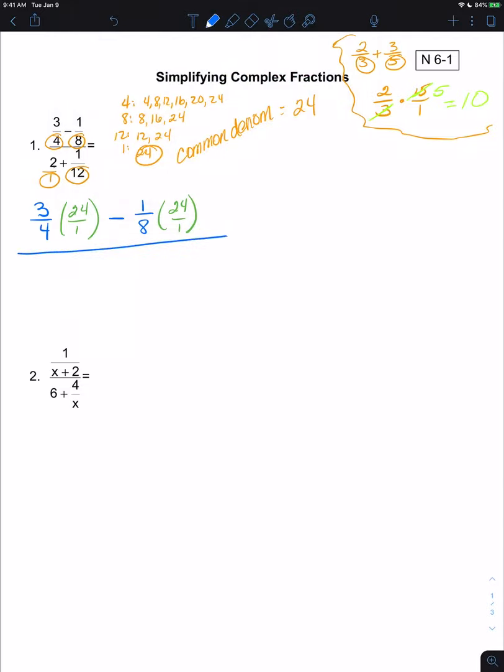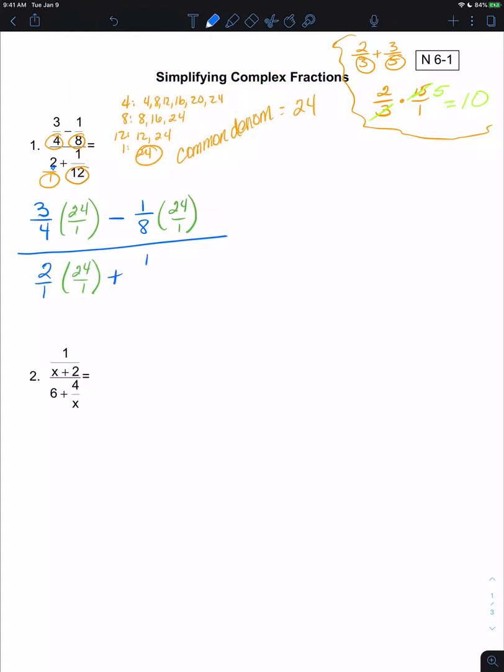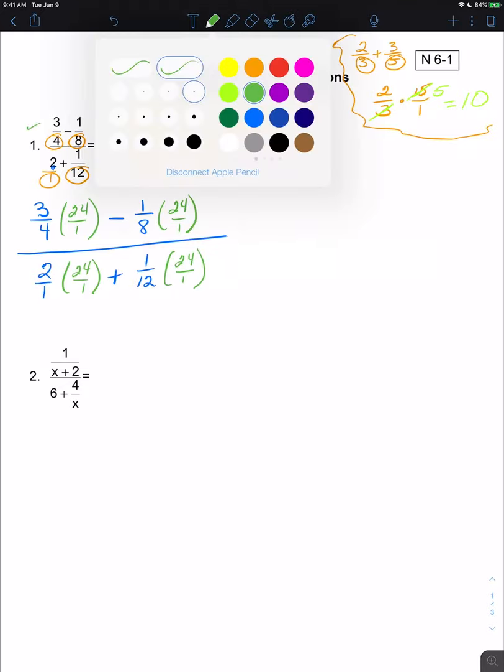Okay, then we're going to take this 2, which is 2/1, times 24. Add 1/12 and multiply it by 24. Okay, so we're multiplying each one of the terms in our original problem by that common denominator of 24.